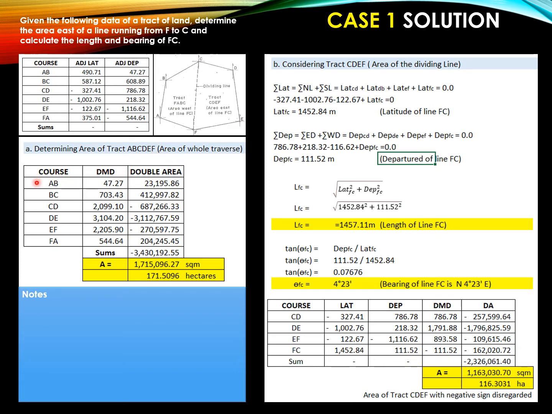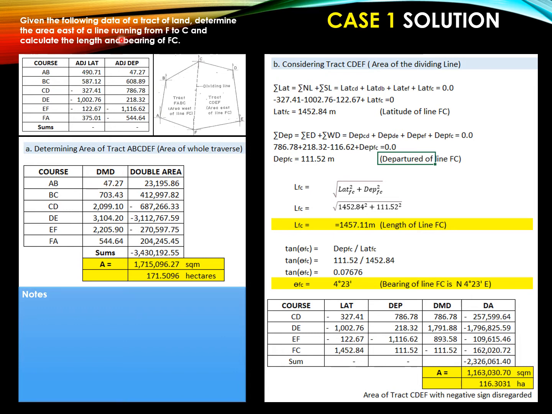Given the adjusted latitude and adjusted departure, the sum is 0, it means there are no errors. These are adjusted latitudes and departures, so we don't need to correct them because there are no errors. Coming to the DMD, we need to compute here.